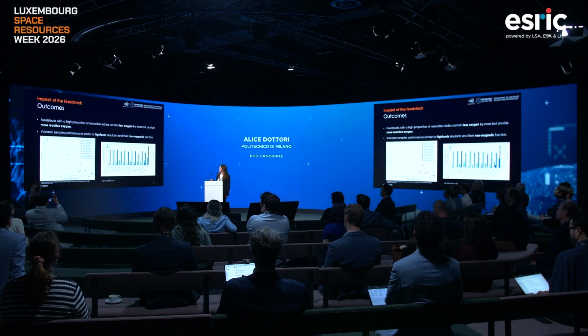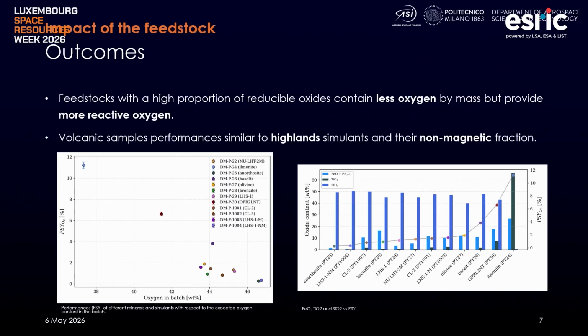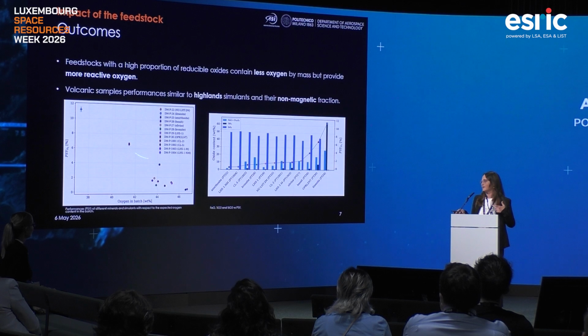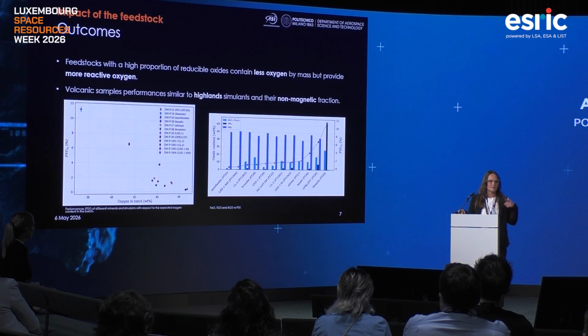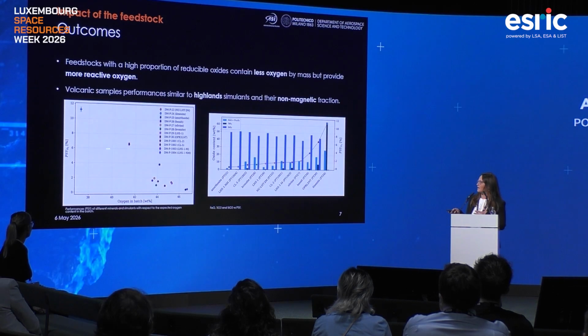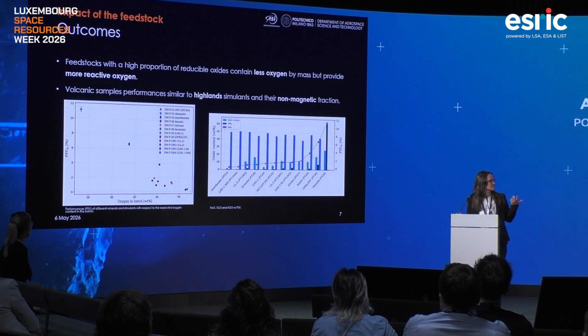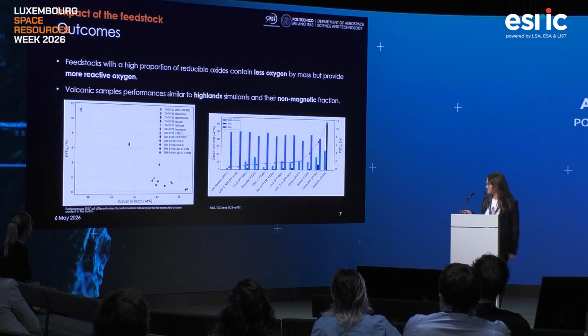So as I mentioned before, the higher the iron and titanium oxide content in the feedstock, the higher is the process yield. And interesting also, the higher the process yield, the lower is the total content of oxygen, meaning that this less oxygen available is more reactive.